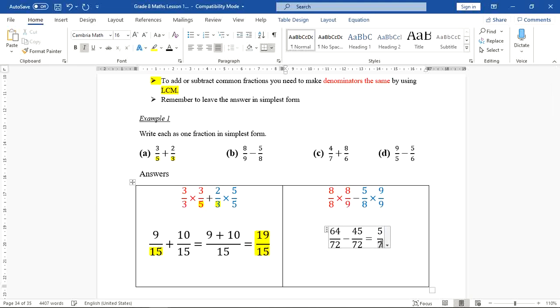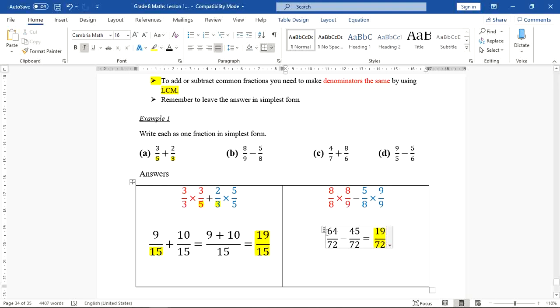So 72 remains the same, and then we say 64, take away 45, we get 19. There is no common factor between 19 and 72, so I guess again this is the simplest form of that.